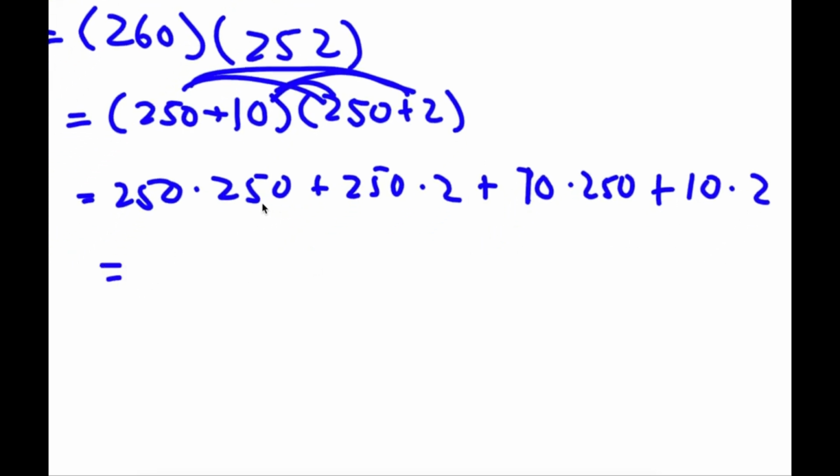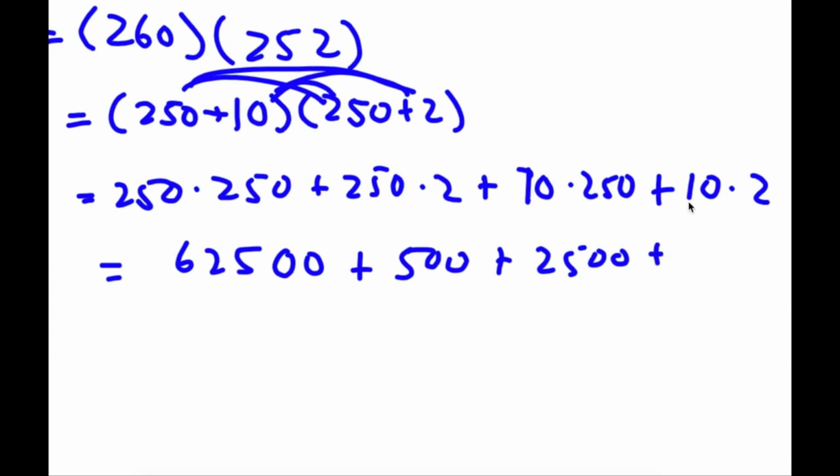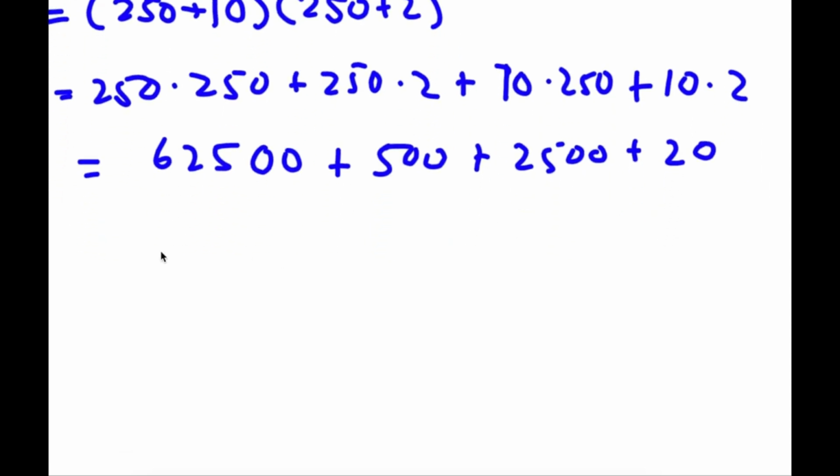Now this is equal to 250 times 250. Well, 25 times 25 is 625, so then we just add in these two extra zeros. Now 250 times 2 is 500. 10 times 250, that's 2,500. And finally, 10 times 2 is 20.